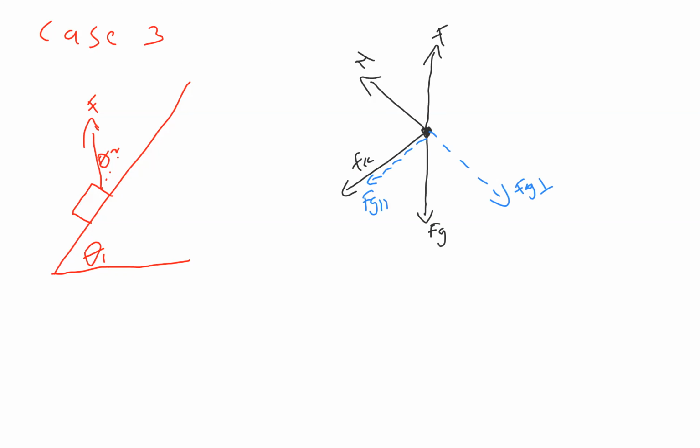Components. Therefore, it has this component, which is called Fx, and also this component, which is called Fy. So by the look of things, you can see that now the normal force plus Fy will give us Fg perpendicular.